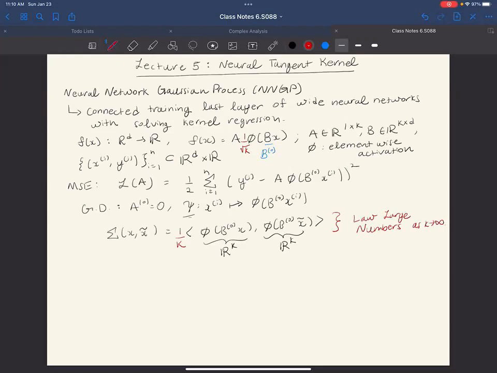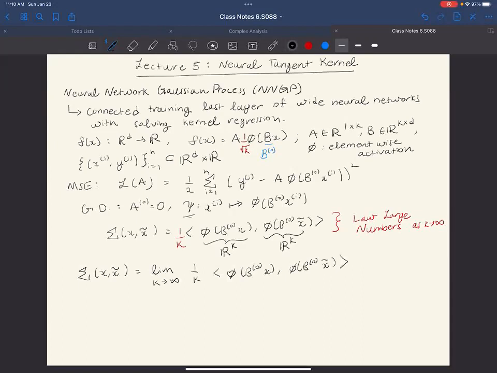And this we denoted as the neural network Gaussian process. So this kernel here, sigma of x, x tilde, we just took the limit as k goes to infinity of 1 over k times the inner product of phi of B naught x and phi of B naught x tilde.